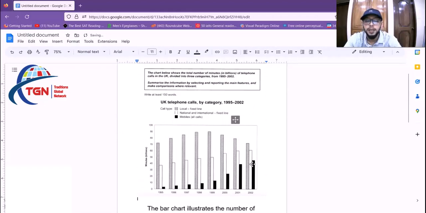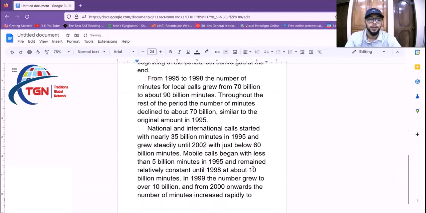Just over 40 billion? Good. To just over 40 billion minutes in 2002.